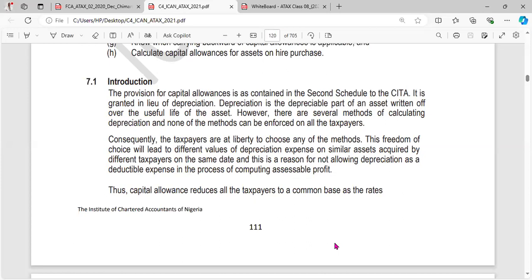Depreciation is the depreciable part of an asset written off over the useful life of the asset.